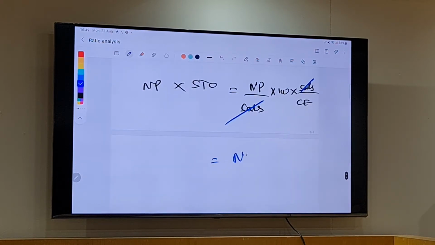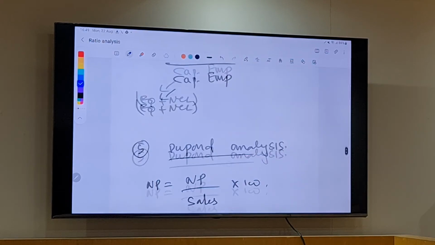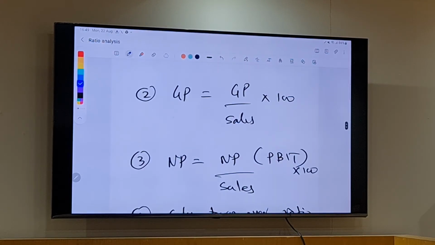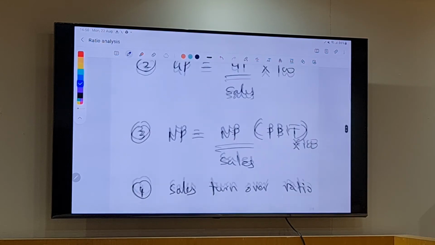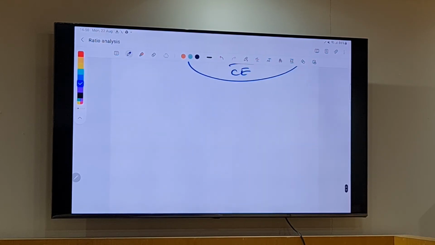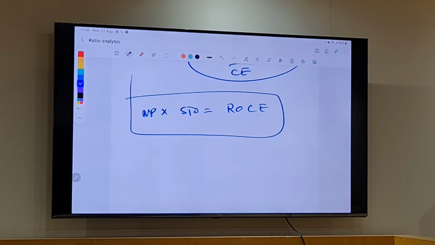You get NP over capital employed into 100, which is this one. So you have an equation like this: NP into sales turnover is equal to ROCE. This we call DuPont analysis.